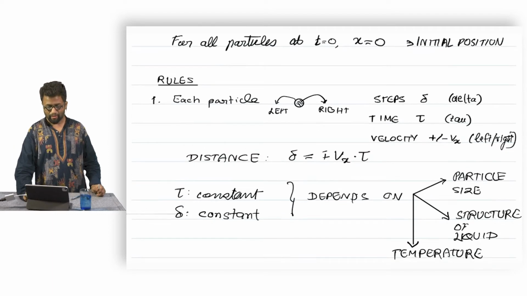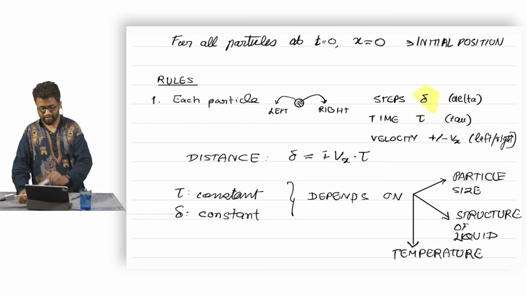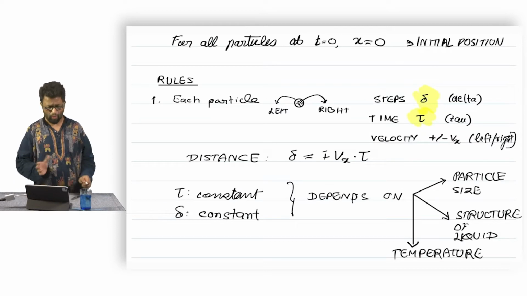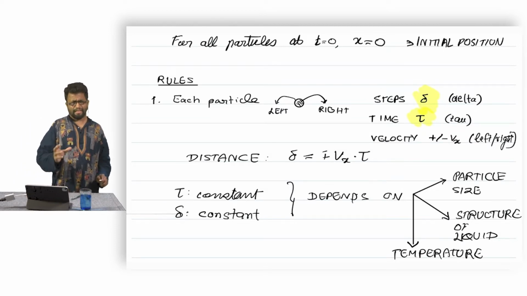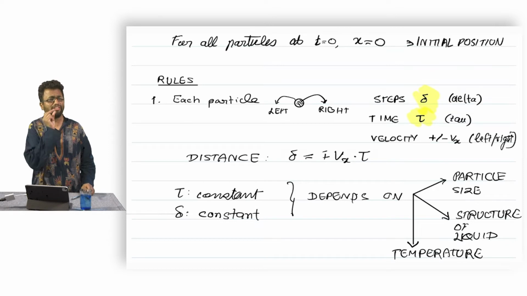So, each particle can go left or right in steps of delta, that is the symbol here that you see, delta, and the time that it does each of these steps is referred to as tau. As you remember, delta and tau are symbols used to represent very small, infinitesimally small steps in space and time, right.